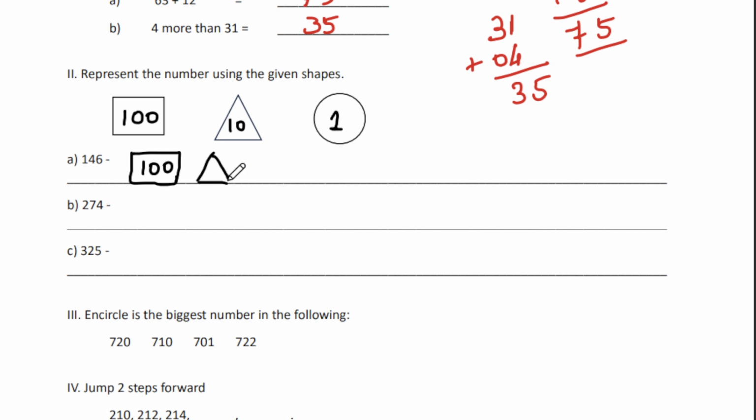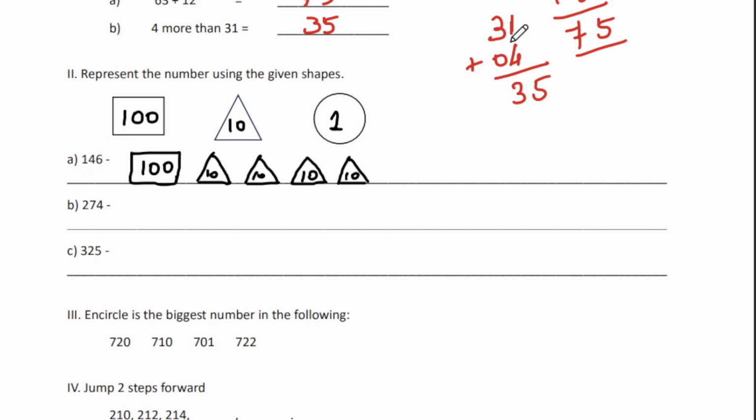1, 2, 3, 4. 4 triangles. And you can write 10, 10, 10, 10. Okay. And how many ones are there in 146?